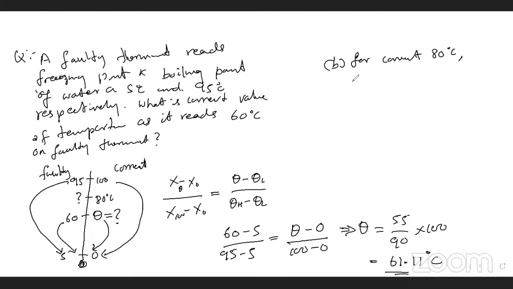So you can use theta dash minus 0.5 divided by 95 divided by 5, which is 80 minus 0 divided by 100, minus 0. That's the dash you can find.